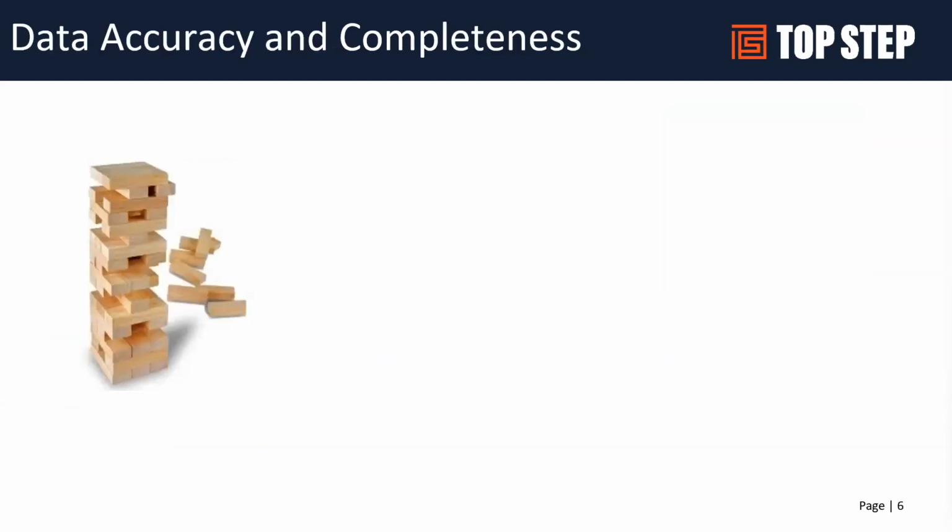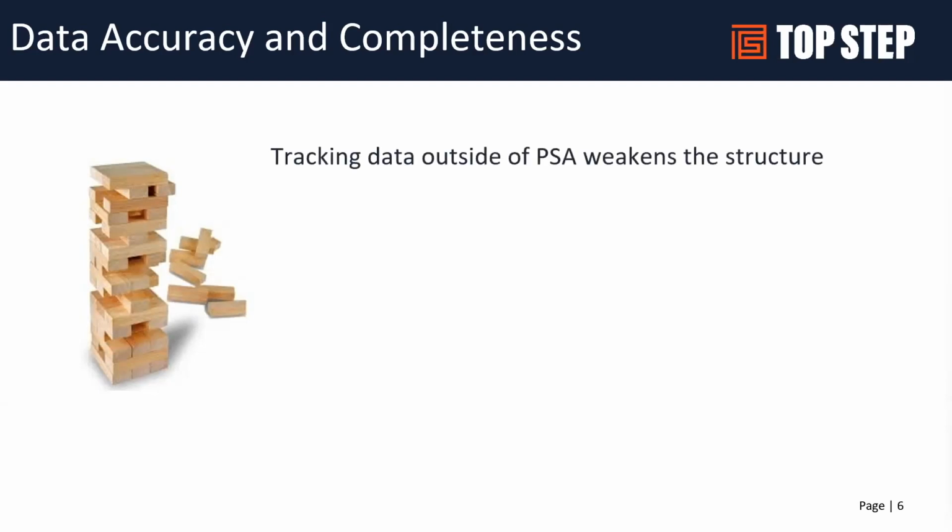Talking about data accuracy and completeness. Data accuracy and completeness is critical for every single organization. However, a lot of organizations are finding themselves to be a lot more piecemeal these days, working out of various systems. And when you have a disconnect or some kind of communication break between different systems, a lot of times what we see is tracking data outside of the professional services automation tool, or any tool for that matter.